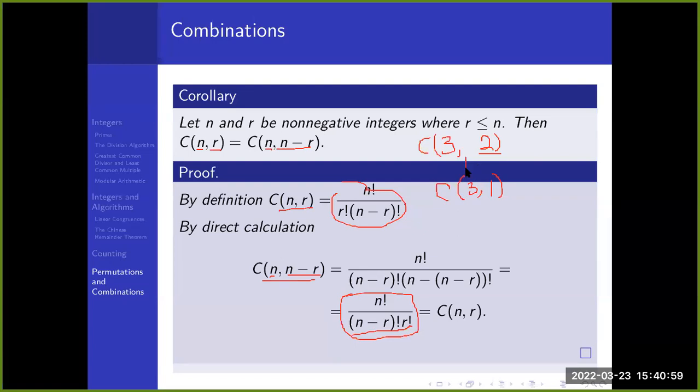So these two quantities must be equal because each of them is doing exactly the same thing. And that's what it says here. If I pick R, I must reject n minus R. And rejection is also another way of picking. So by rejecting n minus R every time, I'm still picking R. And that's why they are equal. So the argument I have given now is what we call the counting argument or a combinatorial argument.